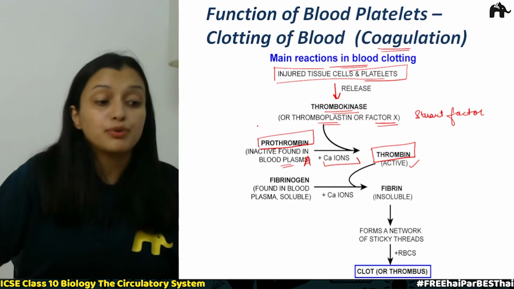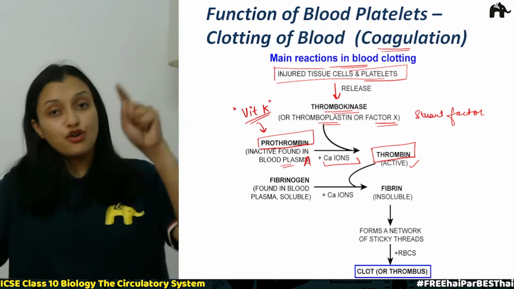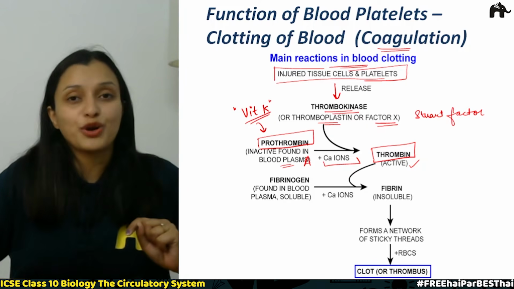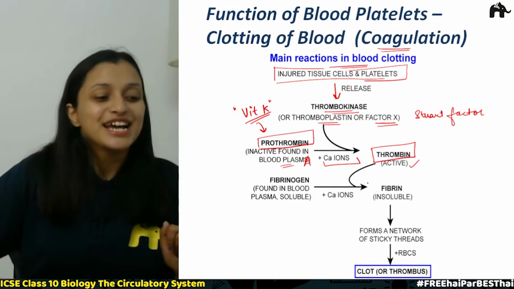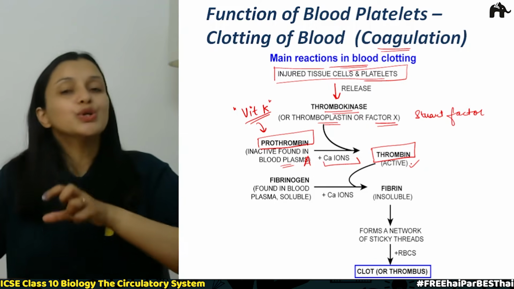For the production of prothrombin, vitamin K is very, very important. So if you want your body to prepare prothrombin, which is very important in clotting of blood, you should eat more and more vitamin K, correct? Then prothrombin will get converted into thrombin.